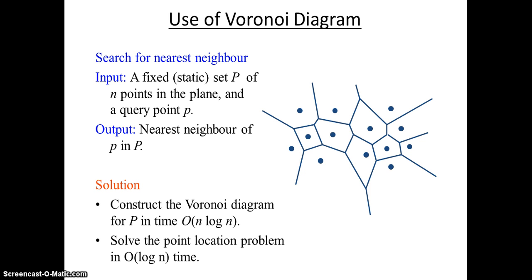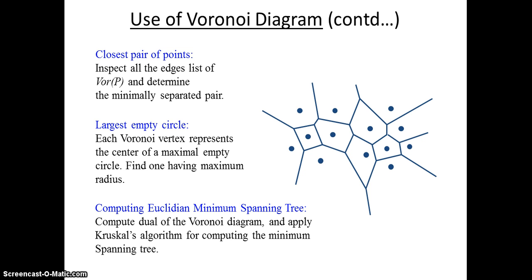We can use Voronoi diagrams for searching the nearest neighbor, as we have seen, for constructing the closest pair of points, for finding the largest empty circle, and for computing the Euclidean minimum spanning tree.